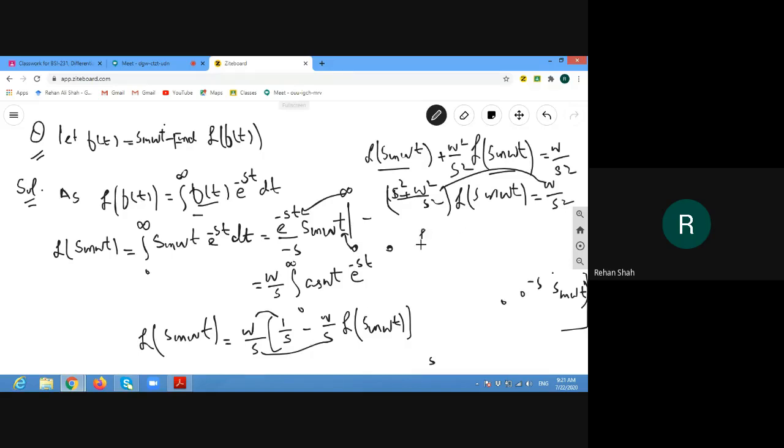So this is Laplace of sine omega t, which is equal to, this s square will cancel with this s square, and as a result you will obtain omega divided by omega square plus s square. So this is the Laplace transform of sine omega t.